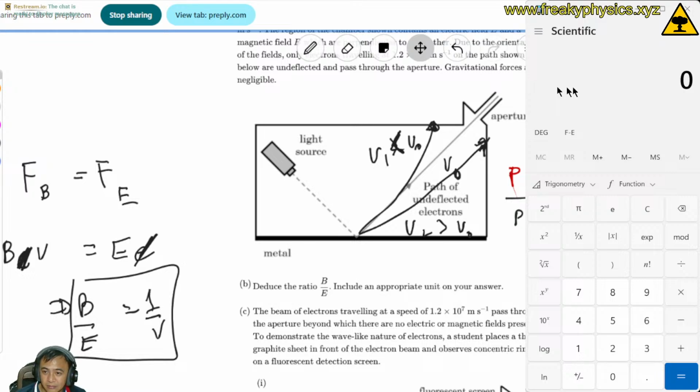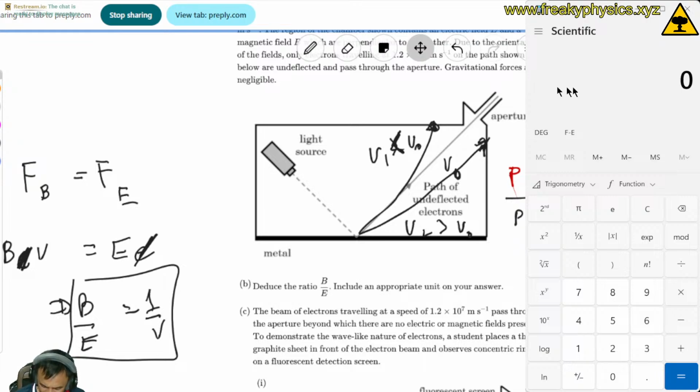So the perfect speed is somewhere in the middle. It's not the fastest, but it's not the slowest. But we can also select it so that we get only the fastest, and then every other electron that's too slow will be selected out. Or we could choose the slowest ones, then everything would be too fast and get selected out as well. So it depends on the speed that you want.